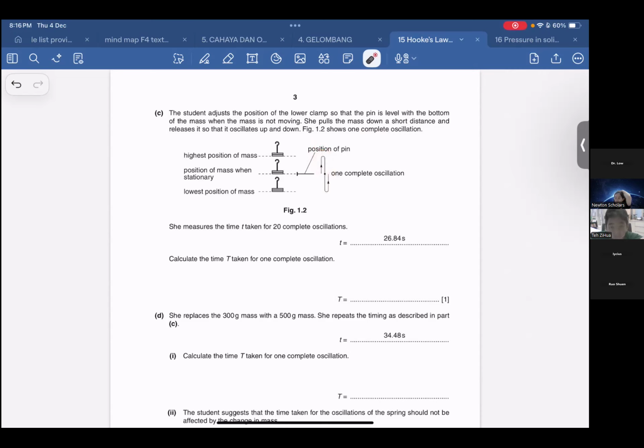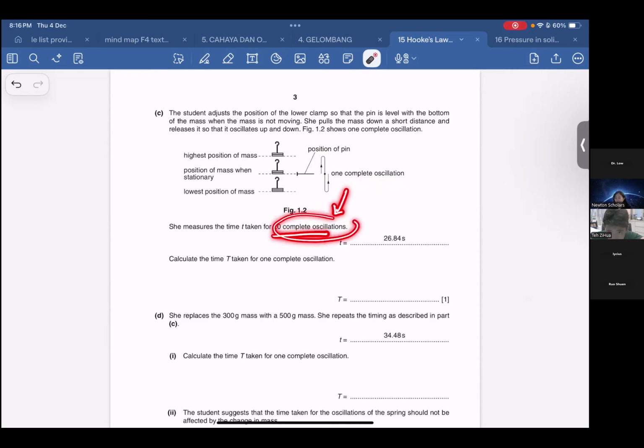We are not taking only one complete oscillation because humans have reaction time. We cannot react so fast, so we get reaction time error. Normally we will take 10 or 20 complete oscillations.